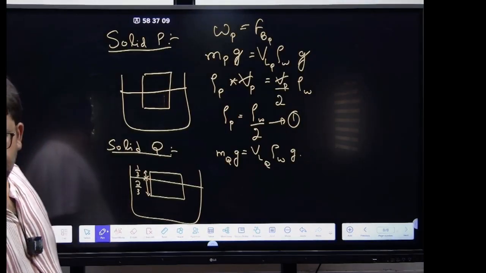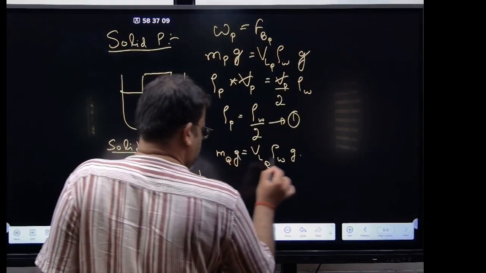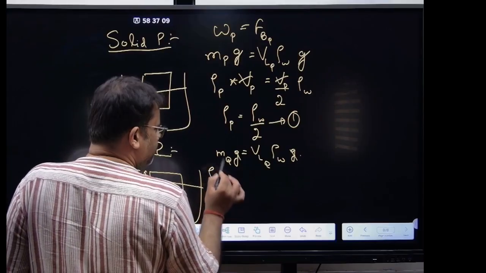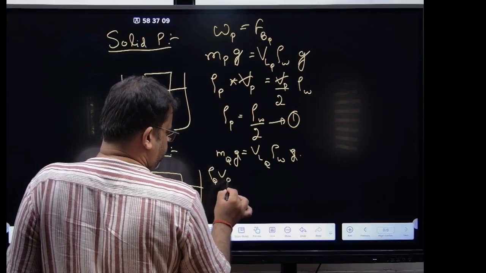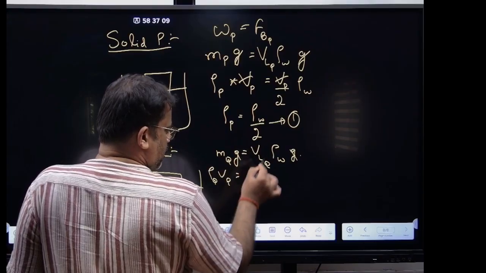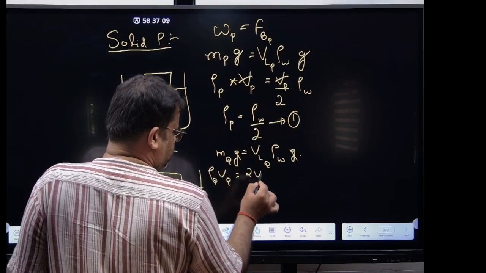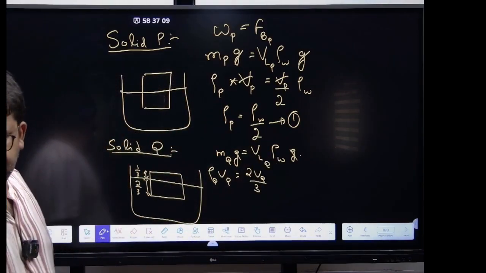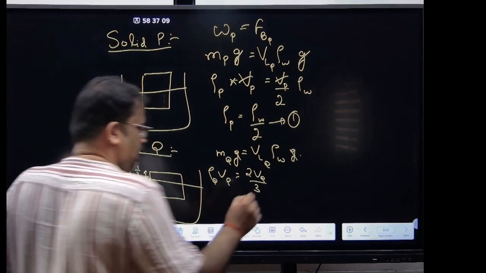G can be cancelled off. Then what is MQ? Again the same thing: density of Q into volume of Q is equal to 2 times volume of Q divided by 3, because 2/3 is immersed, into rho W.